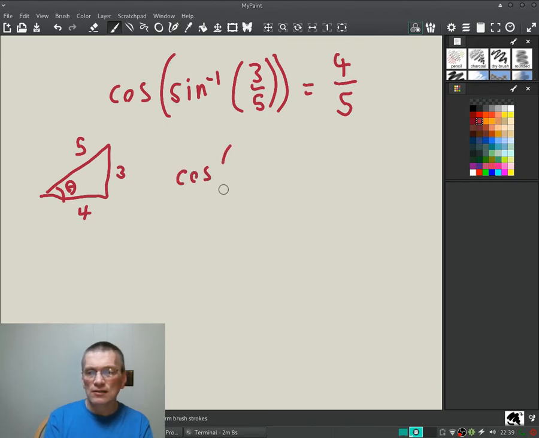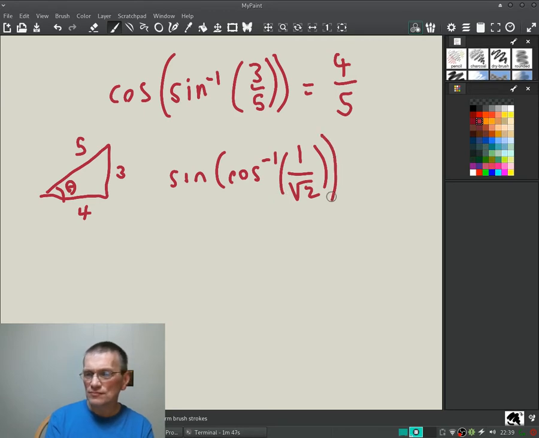Cosine. Well, let's just switch them around. One more example: of 1 over square root of 2, or square root of 2 over 2.